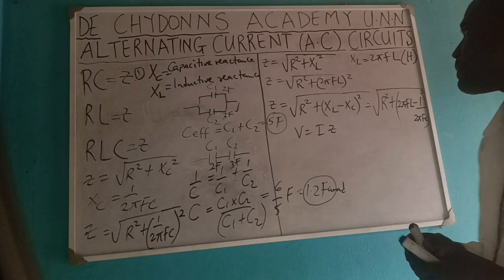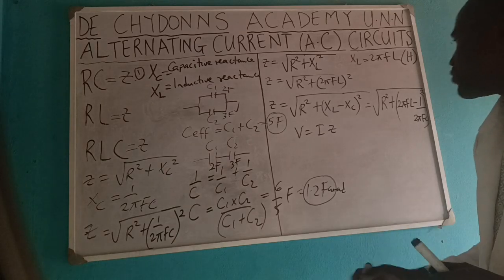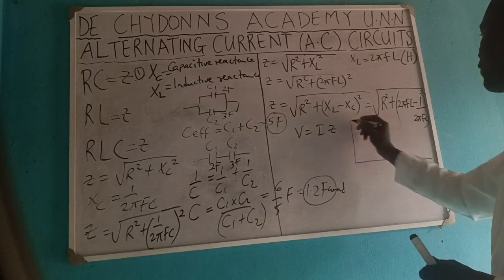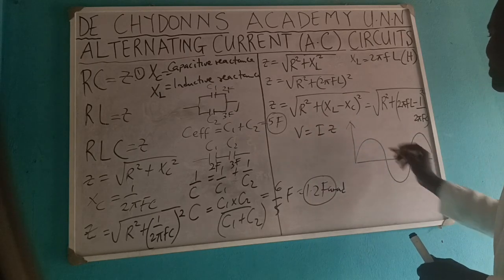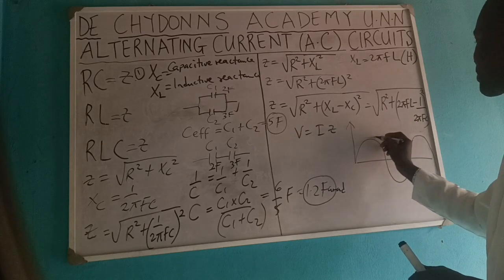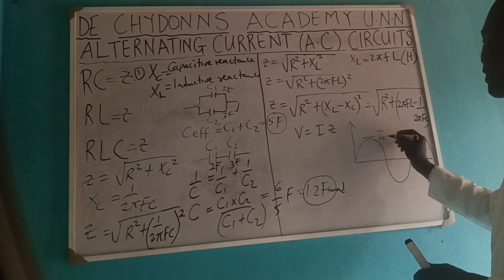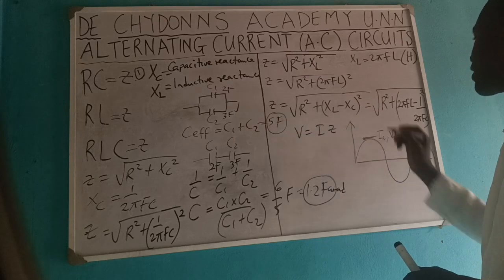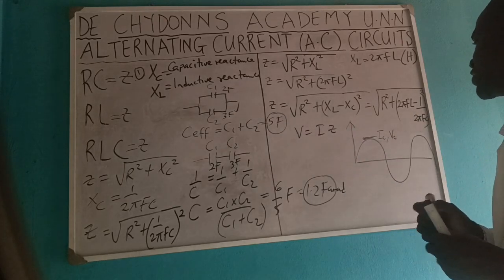Are you getting it? Now, there is need for you to note that when we sketched this alternating current circuit, we said that here is your maximum current or maximum voltage. It is at this peak that you get the maximum or peak current and peak voltage.